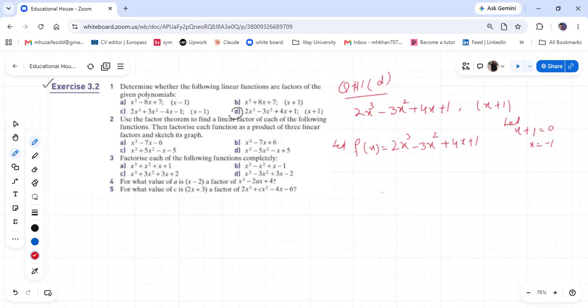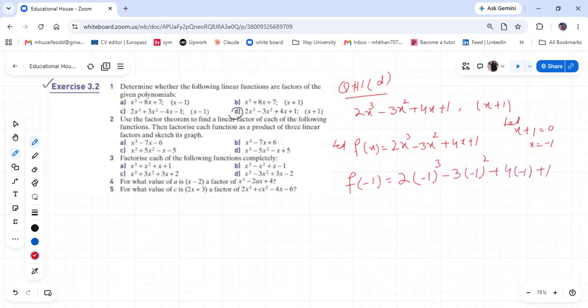Here I'm replacing x with minus 1. So this is 2 into minus 1 power 3, minus 3 into minus 1 power 2, and plus 4 into minus 1, plus 1.